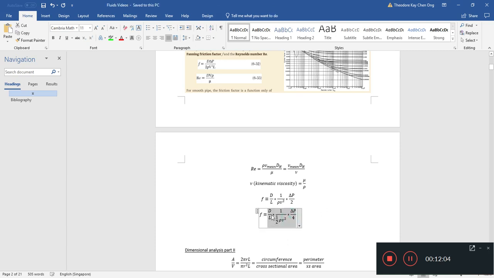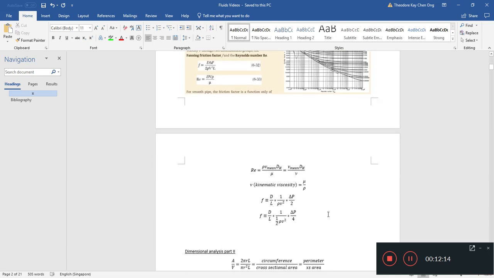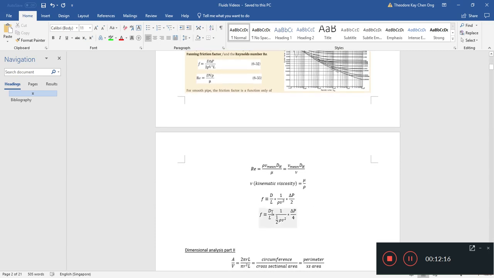So what is this telling us here? Okay, this Fanning's friction factor is telling us the correlation between delta P, which is the pressure drop. Okay, pressure drop. It's the correlation between pressure drop and the kinetic energy term here.